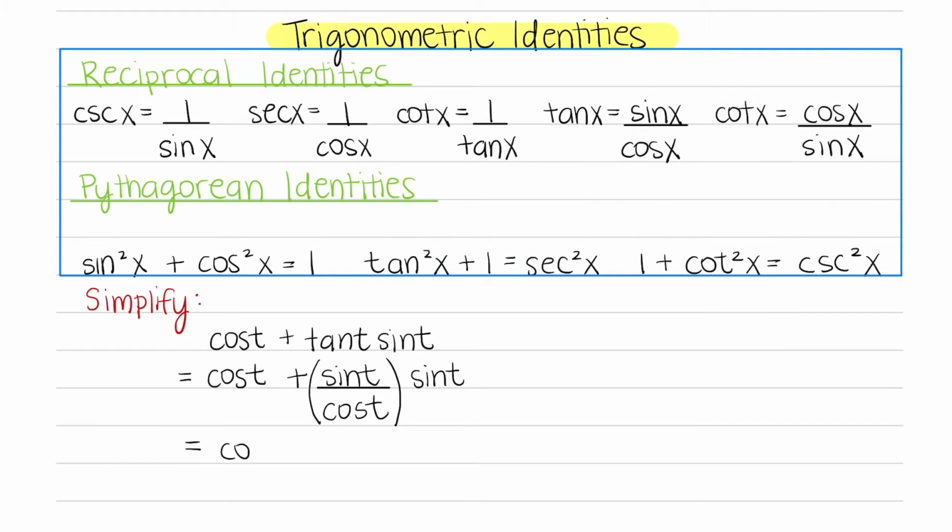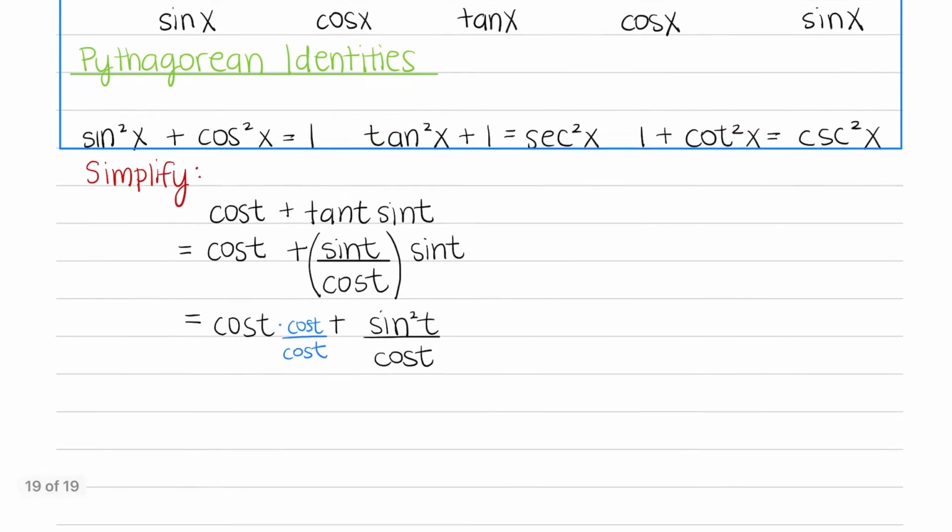So we have cosine t plus sine t times sine t is sine squared t over cosine t. Now let's add that through. To do that, we need to find common denominators. So since we just have cosine t here on the bottom, we can multiply this cosine t by cosine t on the top and bottom here. Let's multiply through.